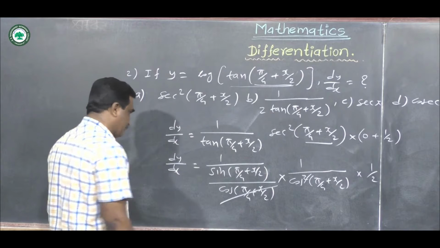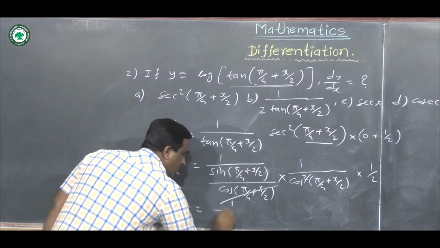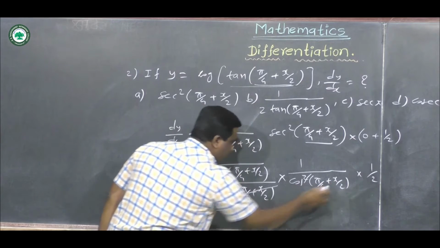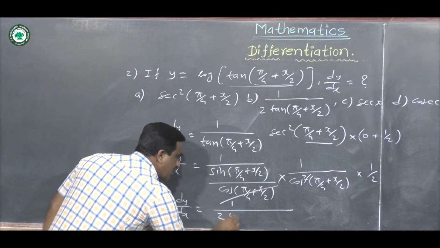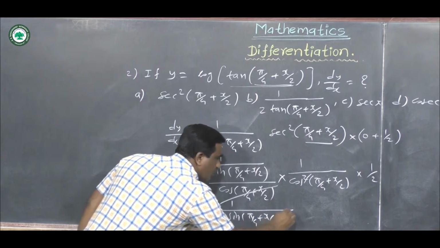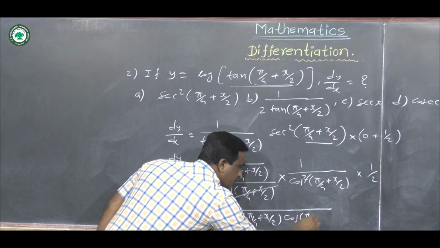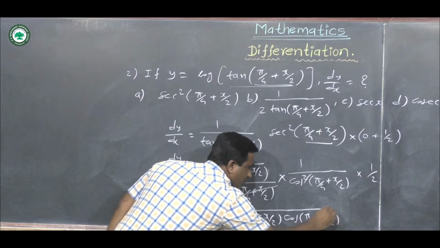Now remains only dy by dx is equal to 1 upon 2 into sine of pi by 4 plus x by 2 into cos of pi by 4 plus x by 2.